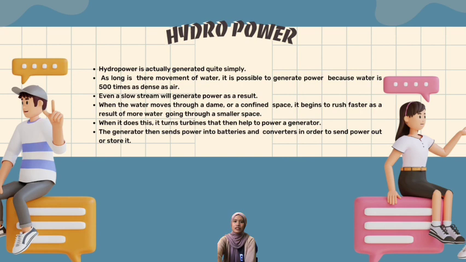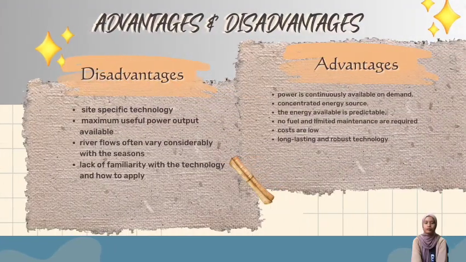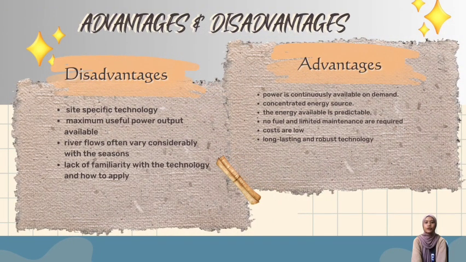When it does this, it spins a turbine that then helps to power a generator. The generator then sends power into batteries and converters in order to send power out.